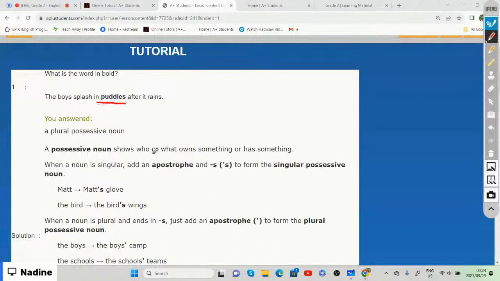It does not have an apostrophe, which means that we can say it is a plural noun. It's not a plural possessive, not a singular possessive. It is just a plural noun because it shows more than one. Puddles.